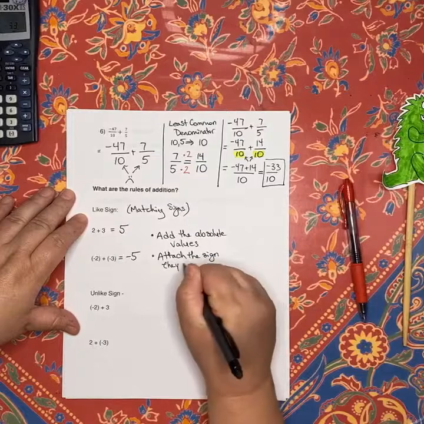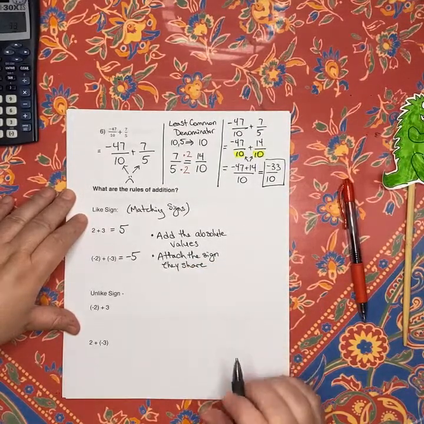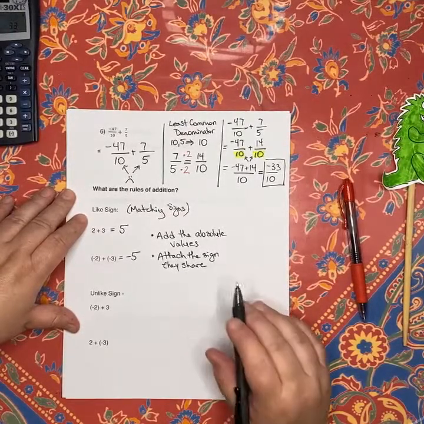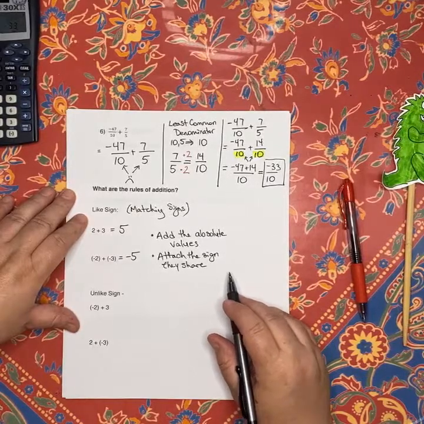I'll say they share. Ugh, I don't like the way I'm phrasing it. You could definitely come up with a better way to say this. Don't memorize this. Come up with it in your own words. This is just off the top of my head. I'm on a very long day.